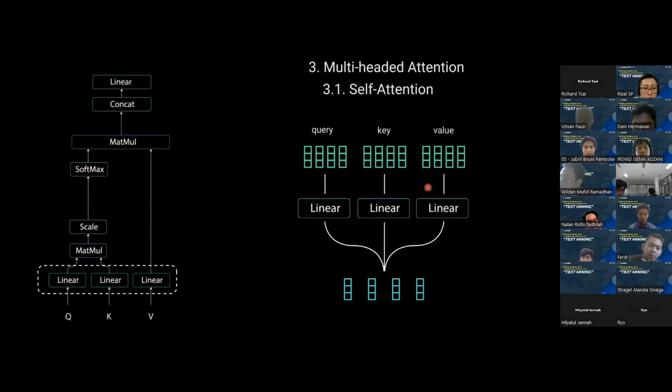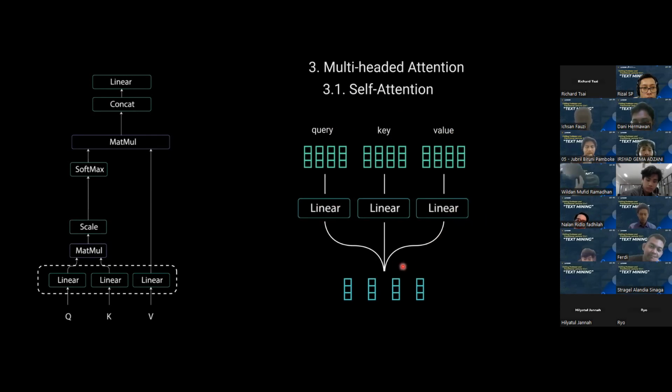We break down the positional input embedding of a word into 3 parts: query, key, and value, using a series of linear transformations.